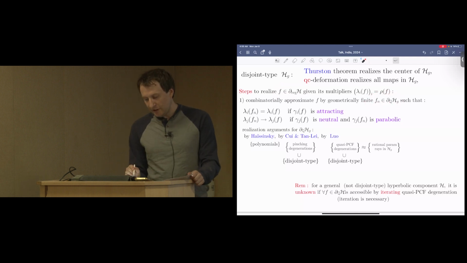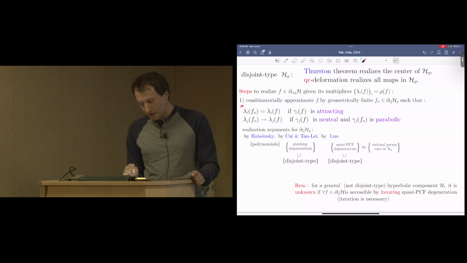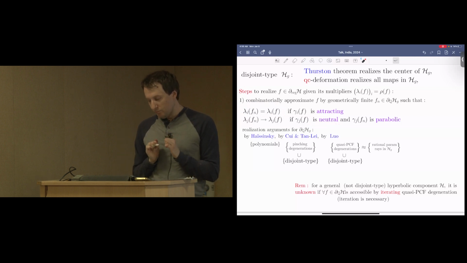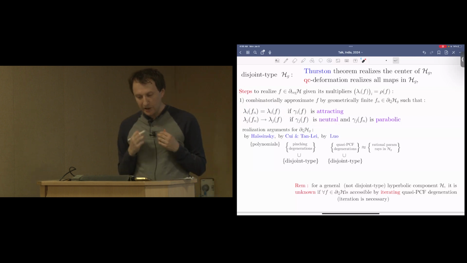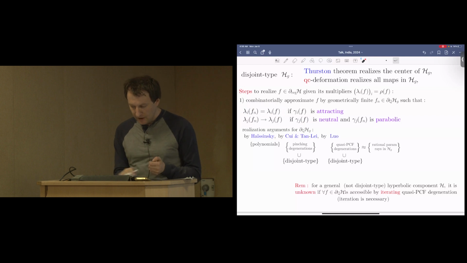And we assume that for attracting cycles, we have just equality between the map that we want to obtain and its approximation, and for neutral multipliers, we have approximation. So this we can do.